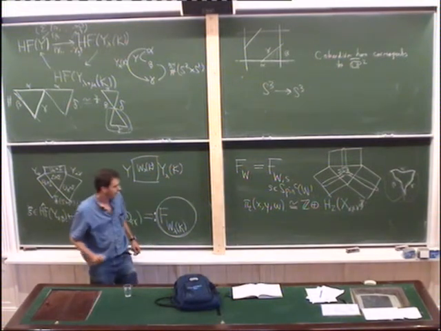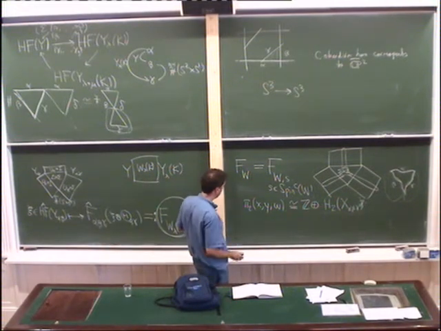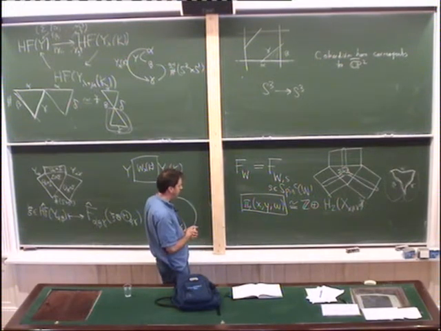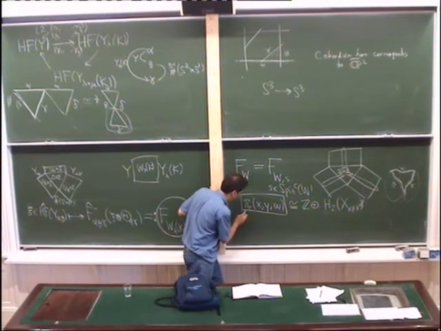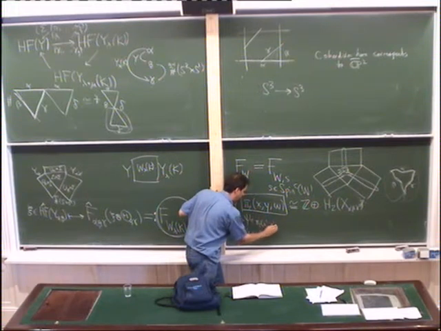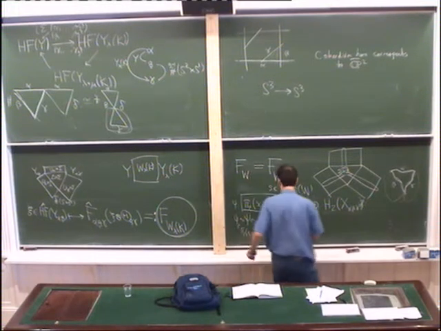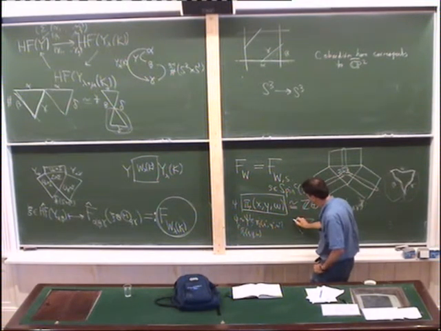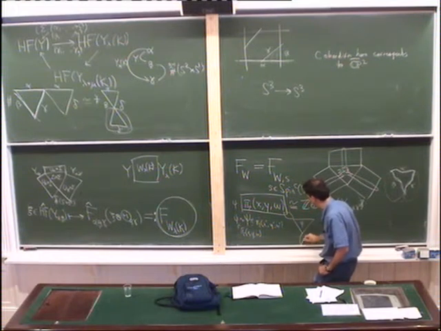And now we say that two homotopy classes, psi and psi prime, where psi is in pi2 of x, y, w, and psi prime is in pi2 of x prime, y prime, w prime, are spin C equivalent if I can juxtapose flow lines.